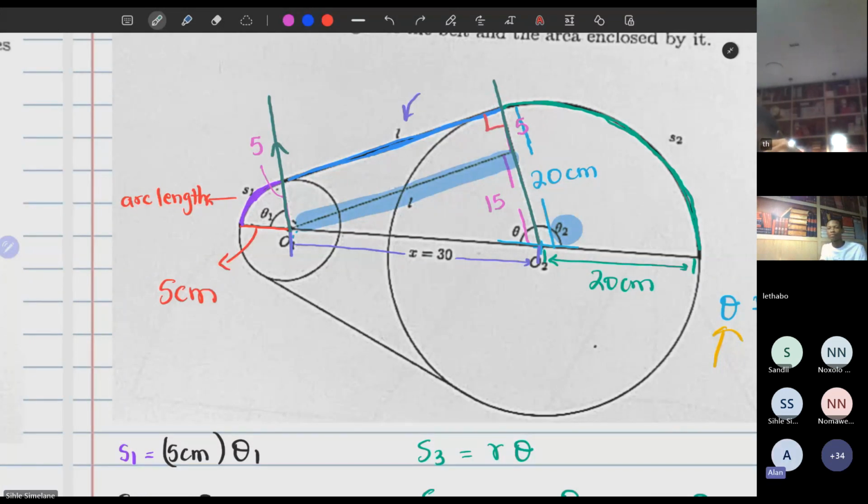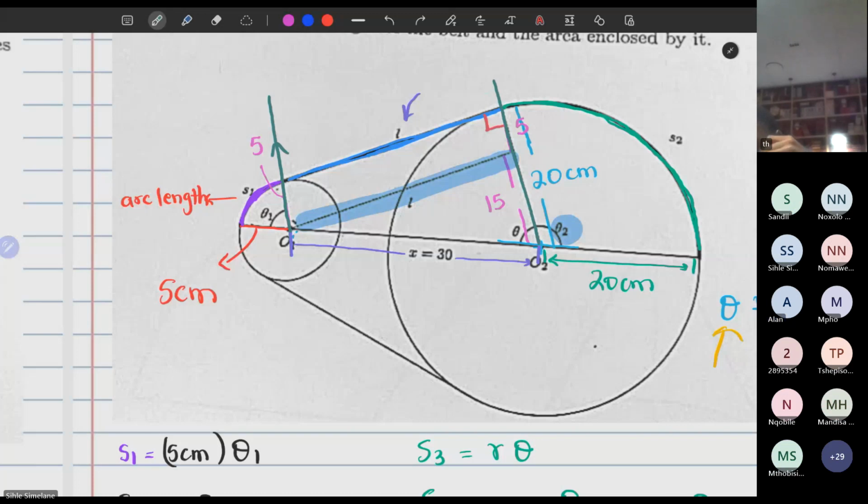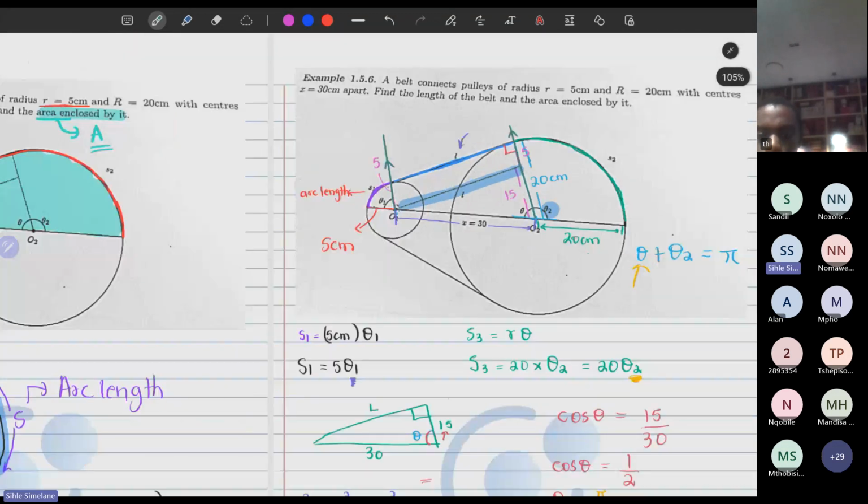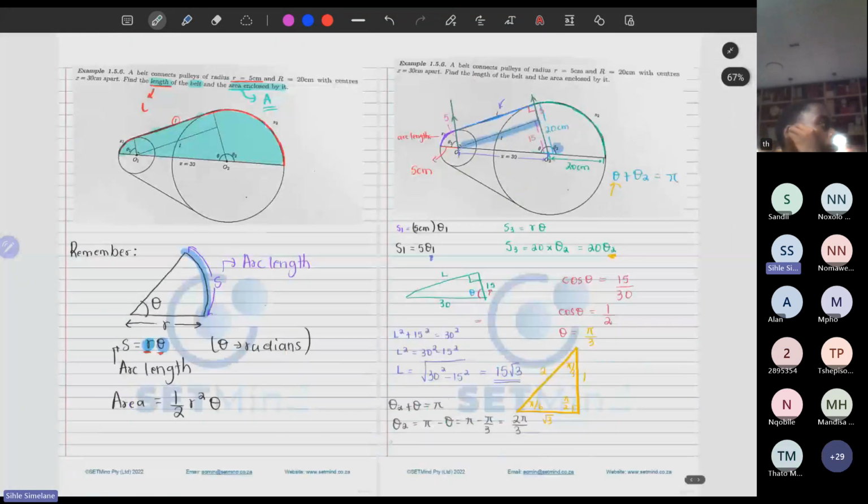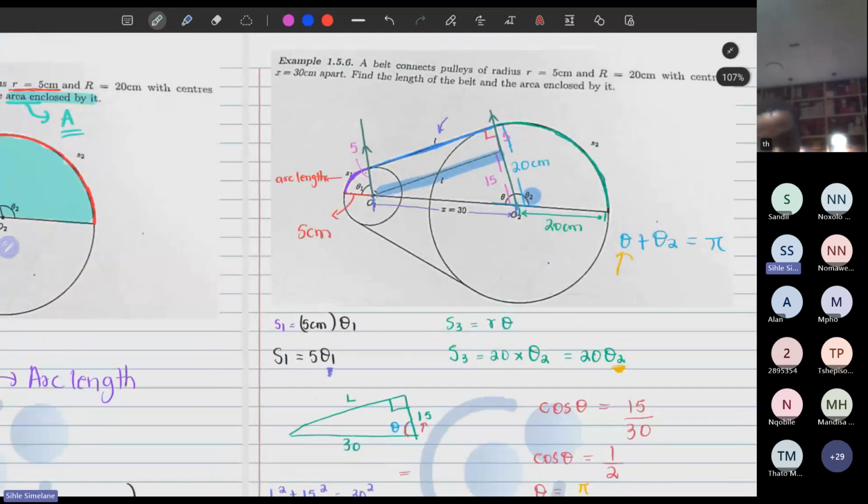The angles are corresponding, they are equal due to parallel lines. Is corresponding to which angle, theta or theta 2? Theta 1 is equal to theta. Okay, on point. So if you look at our diagram there, you'll see that our theta 1 will be equal to theta. What is the reason? I think this we did back in grade 8.